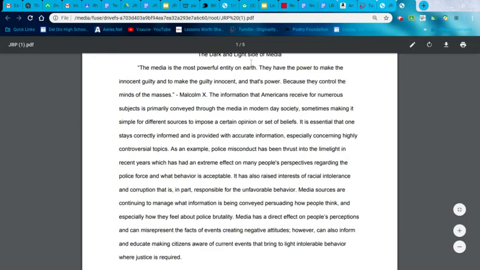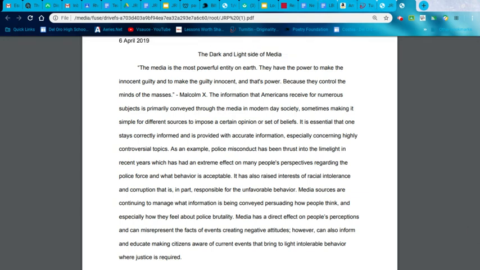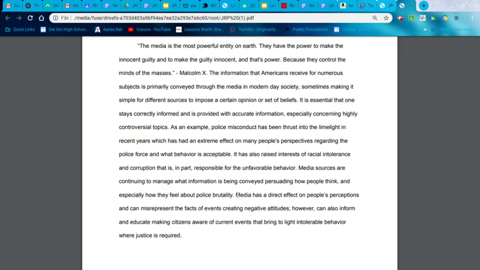I don't really care for this title either, the dark and light side of the media, but I do like this quote. The media is the most powerful entity on earth. They have the power to make the innocent guilty and make the guilty innocent. That's power because they control the minds of the masses. It's okay. It's whatever. A lot of background, but then the thesis is what I like a lot.